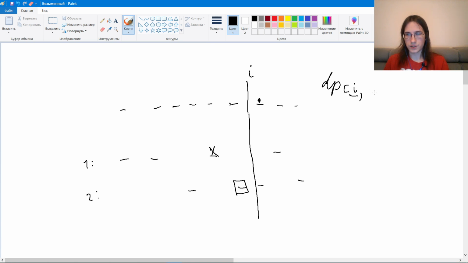How many values did we consider so far? How many first values? What was the last move? Let's call it last move. So let's say it's 0 or 1. It's 0 if the last value was added to sequence 1, and it's 1 if the last value was added to sequence 2. And the last parameter will be j.